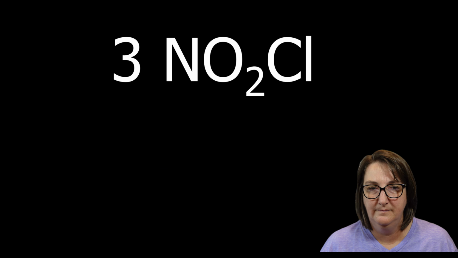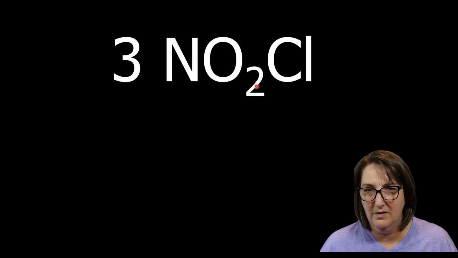Okay, try this one. So here I'm not going to do the coefficient right now. I want to figure out just this molecule. This is a capital O, so that N is 1. This oxygen has a 2 subscript, so this oxygen is 2. This is a Cl, so this is chlorine. I will never give you carbon and iodine.